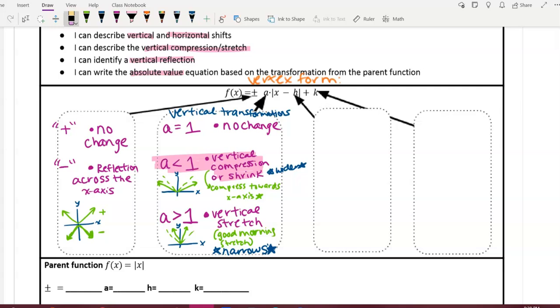All right, moving on to H. With H, we need to remember that X lies. But before we get into that, let's write at the top, these are horizontal transformations.